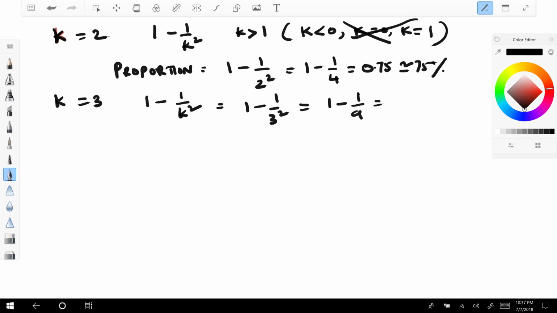This is 8 by 9, that is 0.889 or 88.9%. So that means at least 88.9% of the data will lie within 3 standard deviations of the mean.